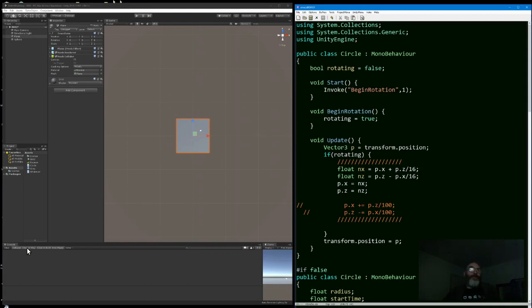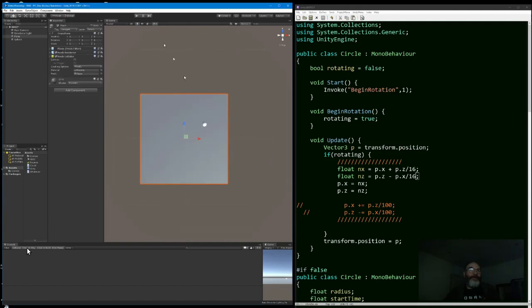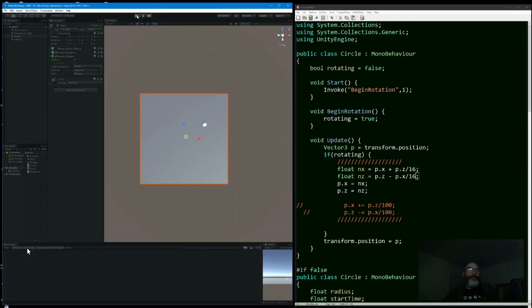So in fact you're getting what you would expect to have happen, because it's a skewed rotation, because it's an approximation. But this approximation was fantastic when you were working on not very powerful hardware.